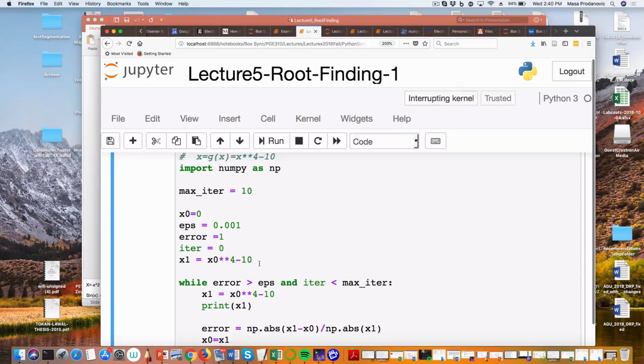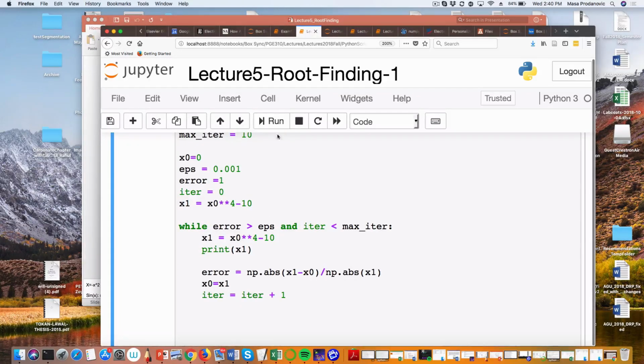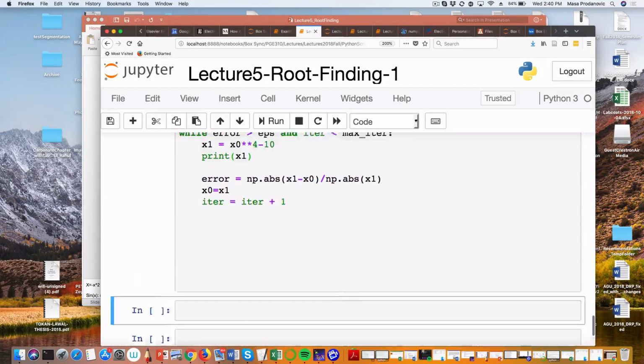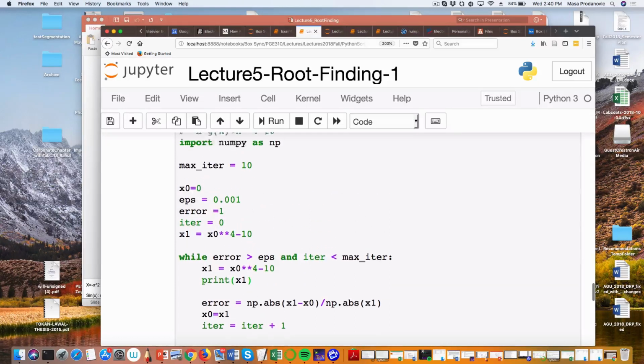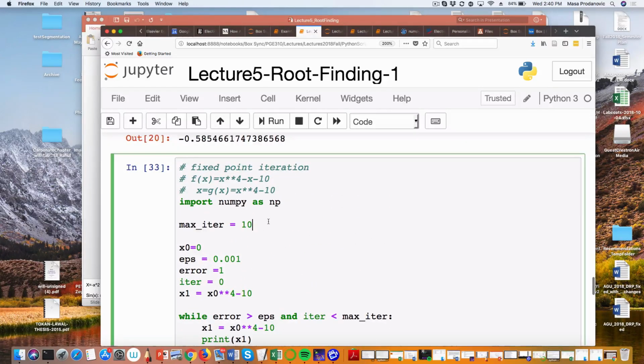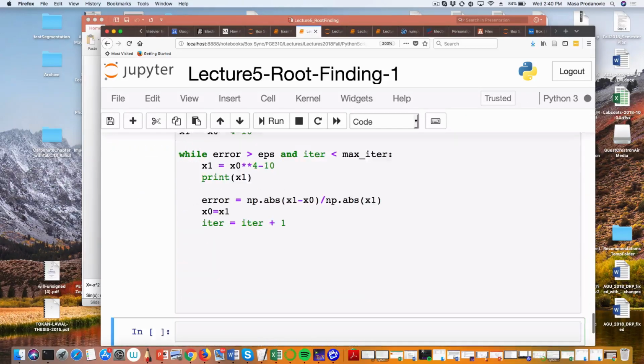And I don't know what was stuck with it, but now it's working. So try interrupting your kernel and sort of restarting it. So I think once it actually hits that infinity, something gets messed up. Because 10 iterations are not running.